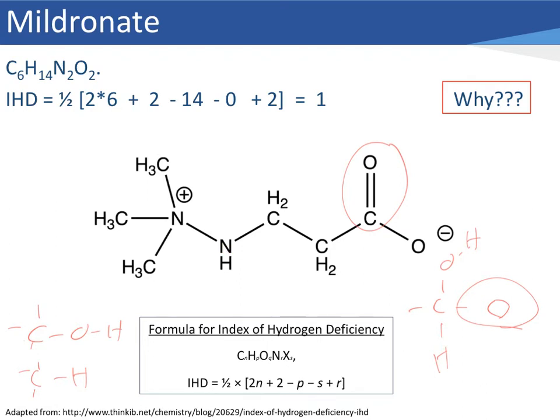Nitrogen, however, adds a hydrogen. So this nitrogen has an extra hydrogen here. If this were oxygen, COC, like an ether, there are no extra hydrogens there. So nitrogen is plus in terms of just trying to understand the formula.